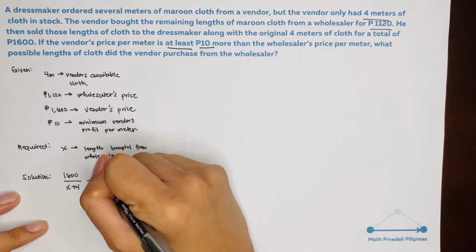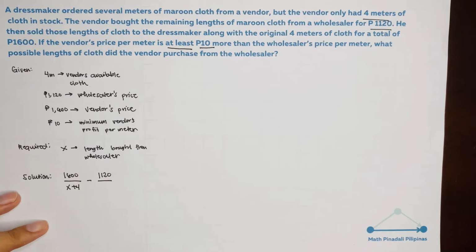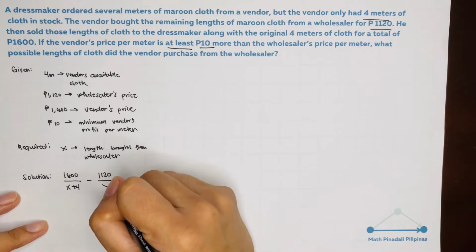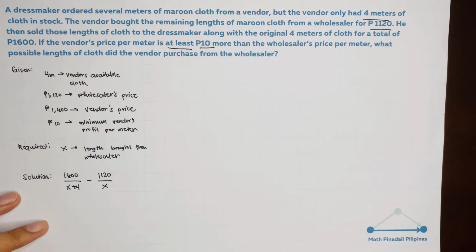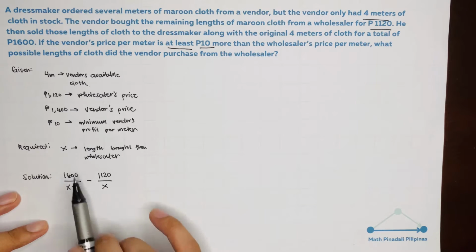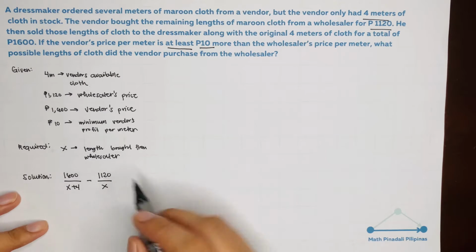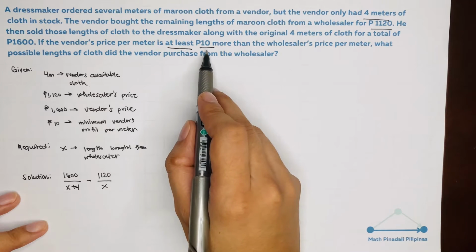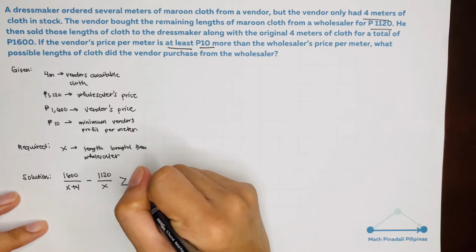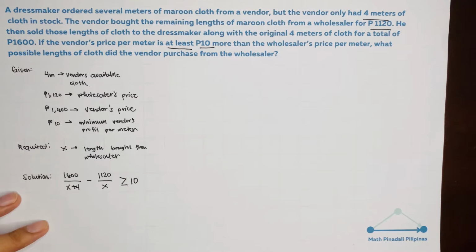We have 1,120 over ilan yung binili sa kanya ni vendor ay binenta ni wholesaler. That's X length of cloth. Pag subtract natin, presyo ni vendor minus presyo ni wholesaler, sabi dyan, at least 10 pesos daw mas malaki yung sa vendor. So that's greater than or equal to 10. Okay? I hope that's clear.